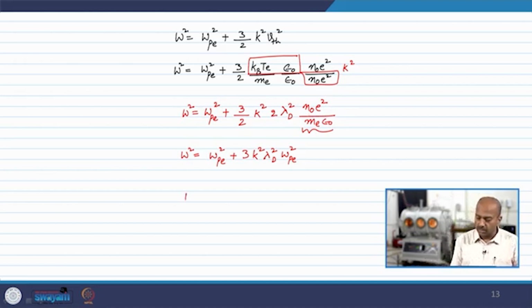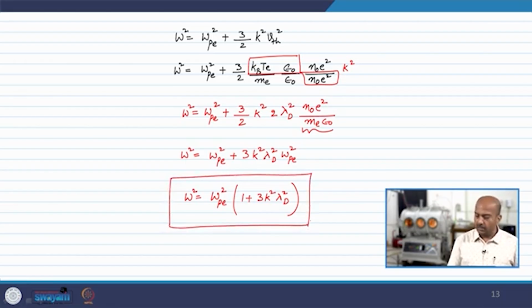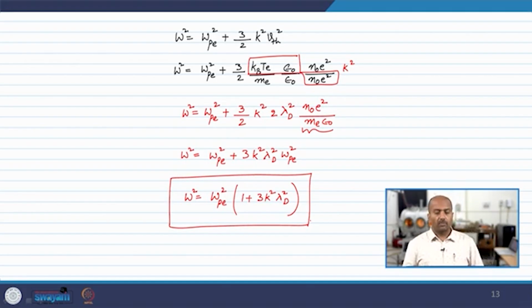So, the dispersion relation can now be written as omega square is omega pe square times 1 plus 3 k square lambda D square. This is another version of the dispersion relation of the electron plasma wave.